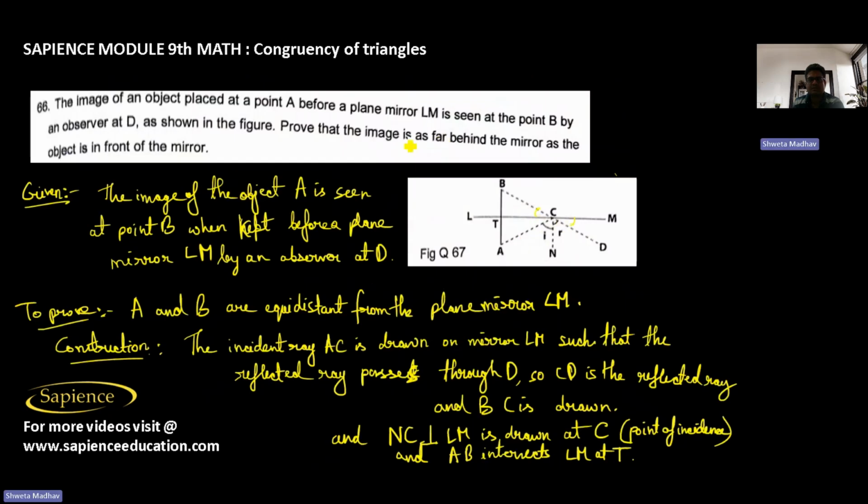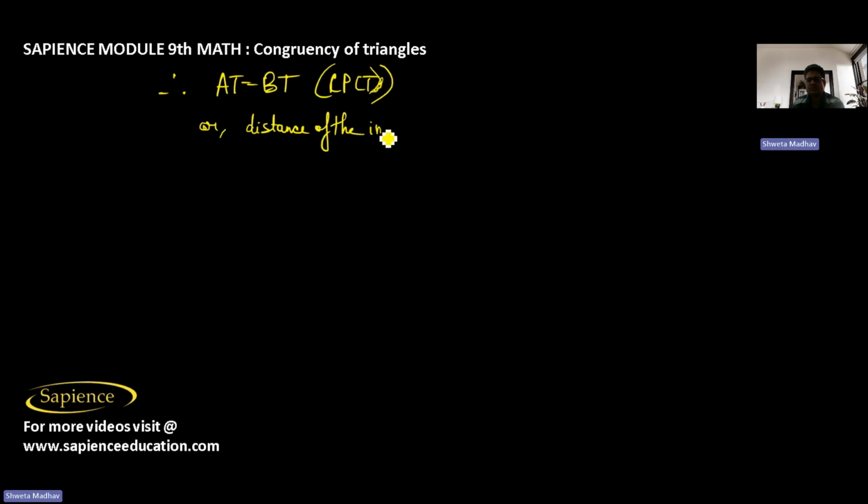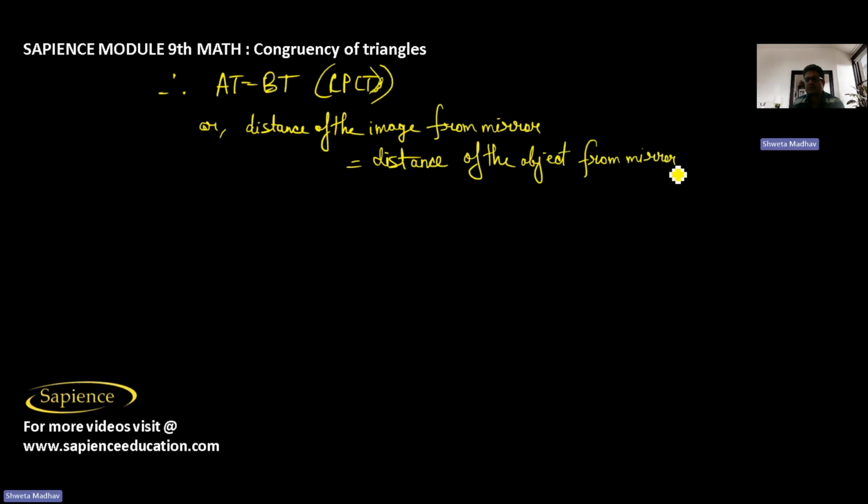Hence, we can say that the image is as far behind the mirror as the object is in front of the mirror. So simply, we can say that the distance of the image from the mirror is equal to the distance of the object from the mirror. So hence proved.